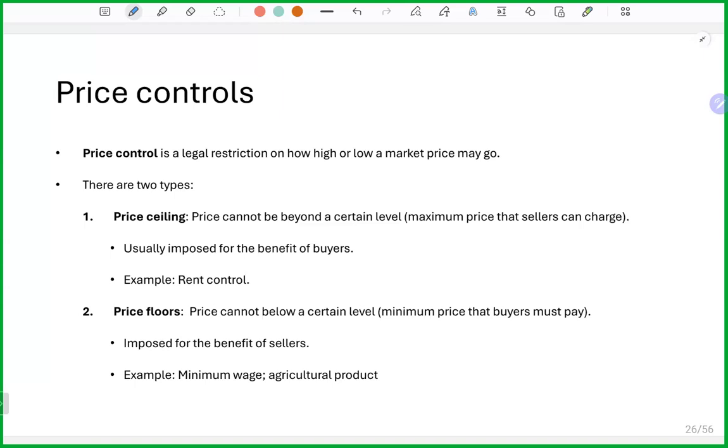But we also have price control on newly constructed apartments.